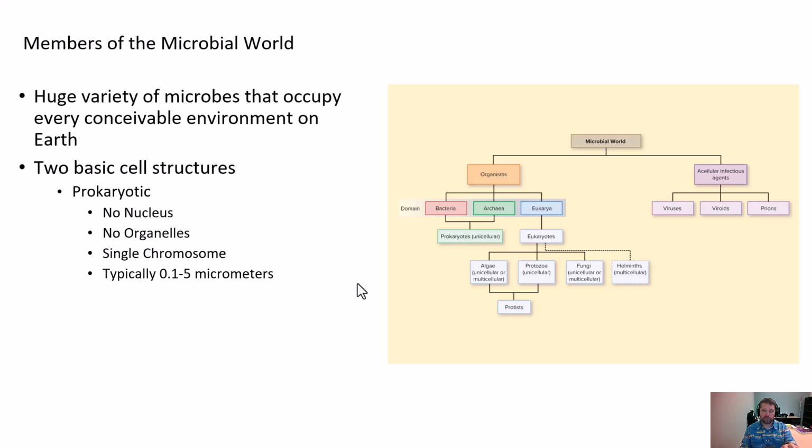When we look at the microbial world, if we look at this chart here, if it's microorganisms, then it means they're alive or classified as living, so they're all organisms.